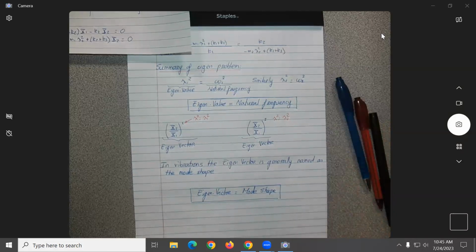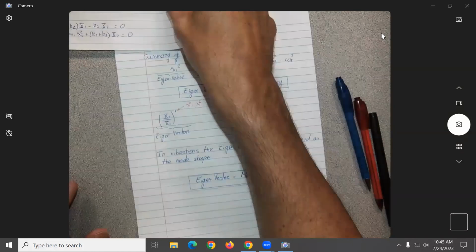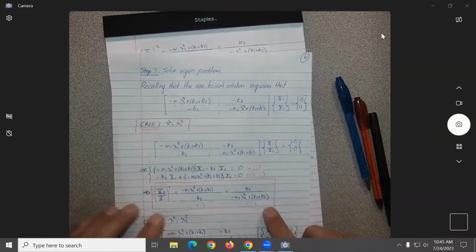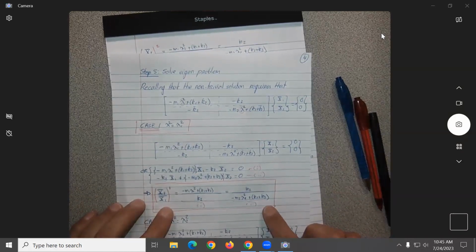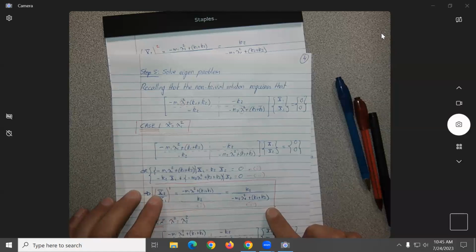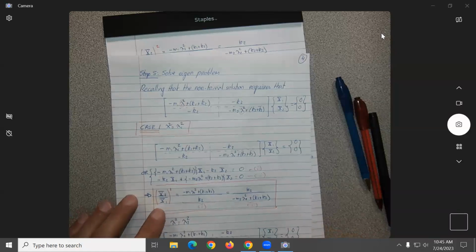So basically, what is the mode shape? Okay, here without values it is difficult to understand. But as soon as we put the values, it will be very easy. Let's say we get x2 over x1 equal, I'm going to make it up completely.